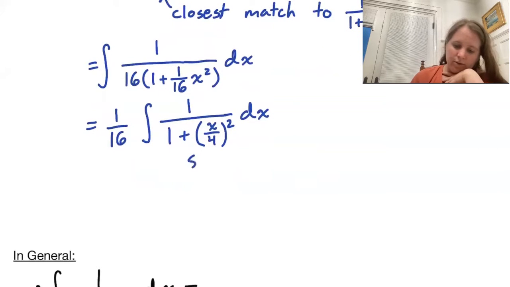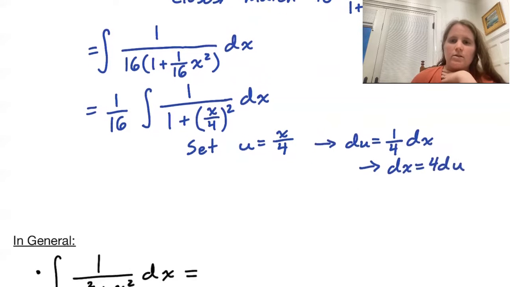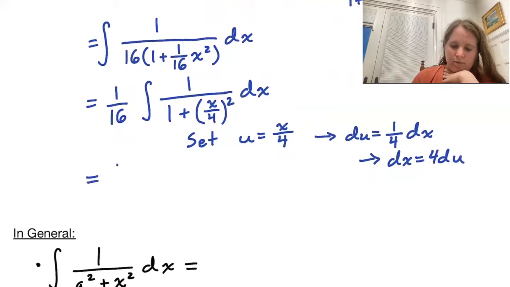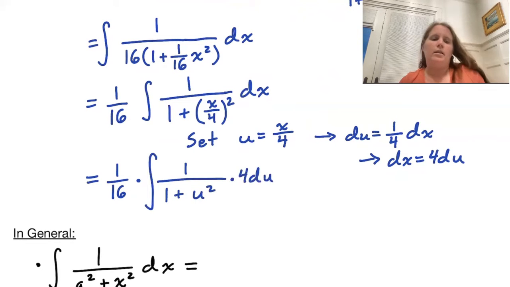If we set u equal to x over 4, then we have du is equal to 1/4 dx, or dx is equal to 4 du. So we are now looking at 1/16 times the integral of 1 over 1 plus u squared times 4 du.